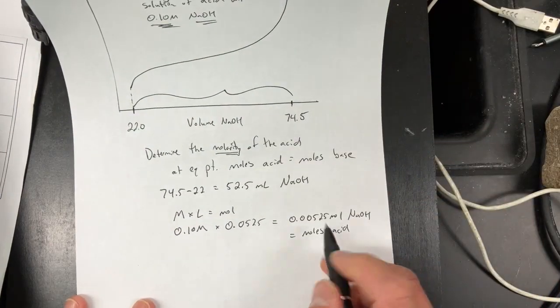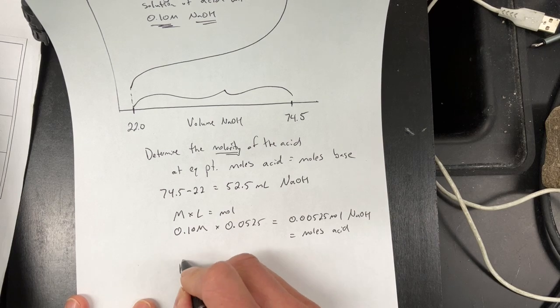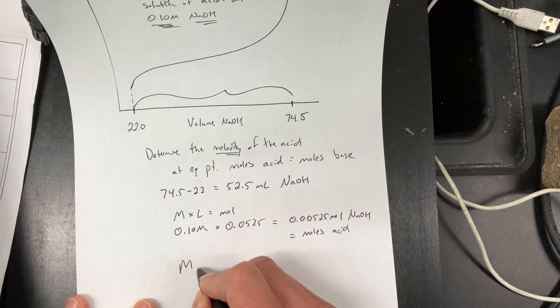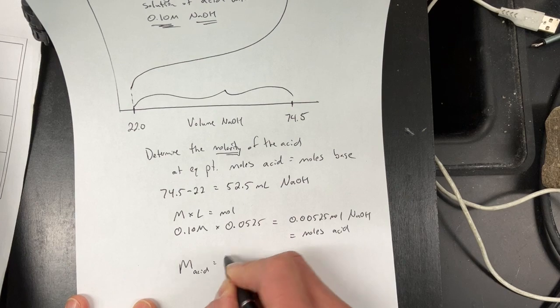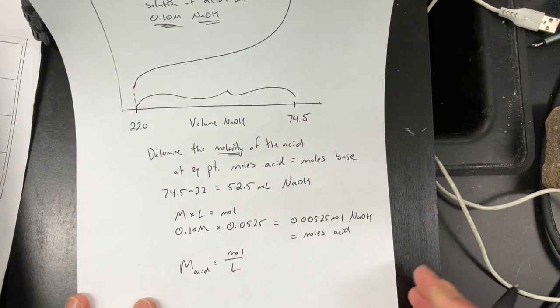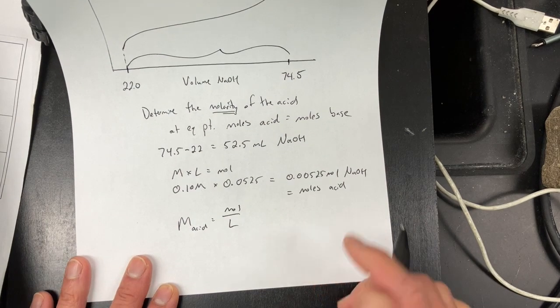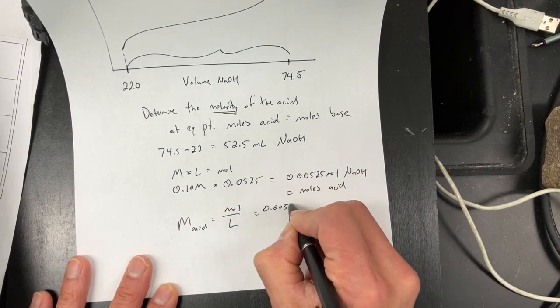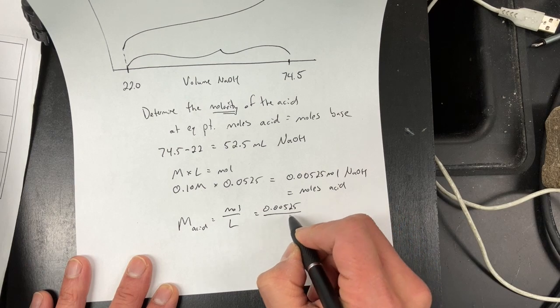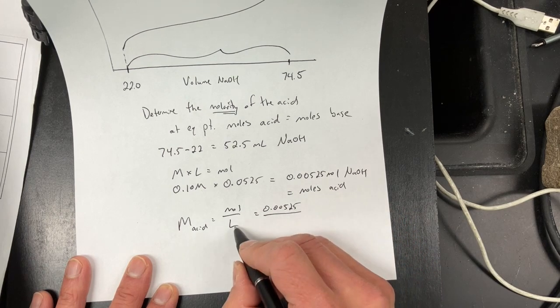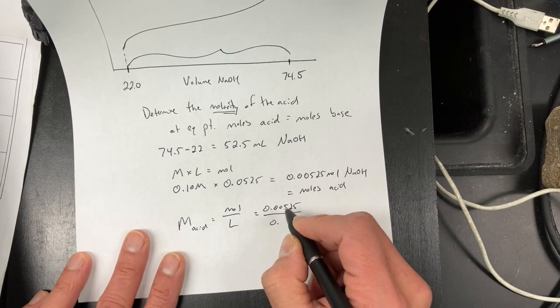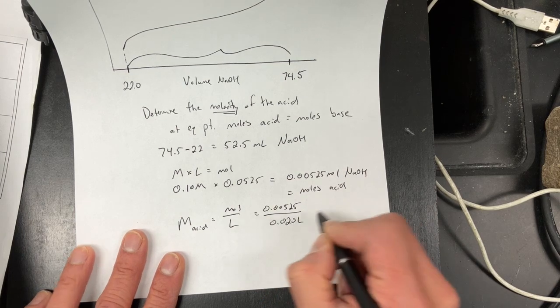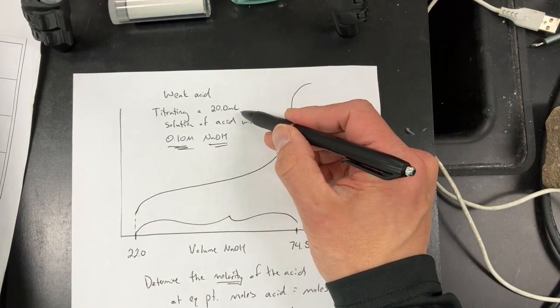So in this case, molarity of the acid is moles over liters. So my moles of acid would be 0.00525 divided by the volume, which is 20 milliliters.